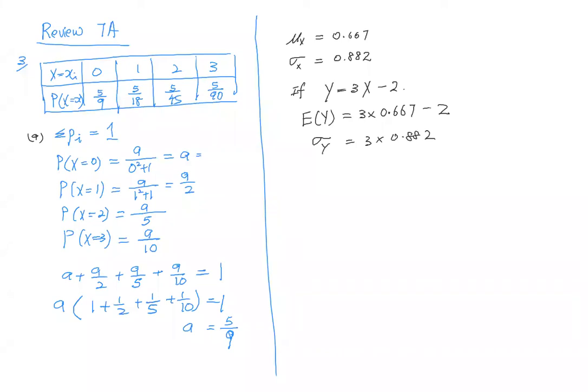Okay, so now let's solve for part B. They say find the probability of X greater than 1. When you say X greater than 1, that means I want all of this. To make my life easier, there is nothing wrong with saying 5/18 plus 5/45 plus 5/90.